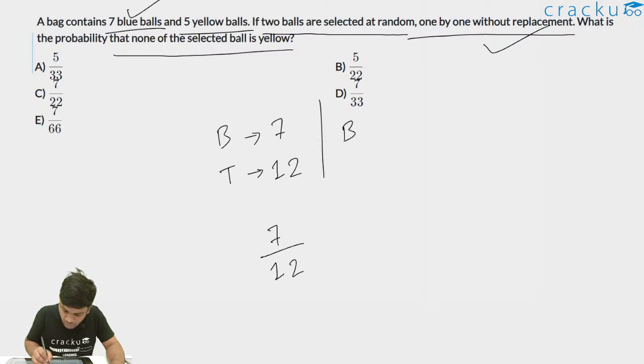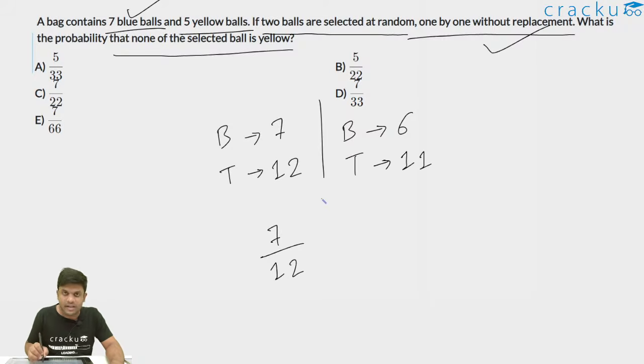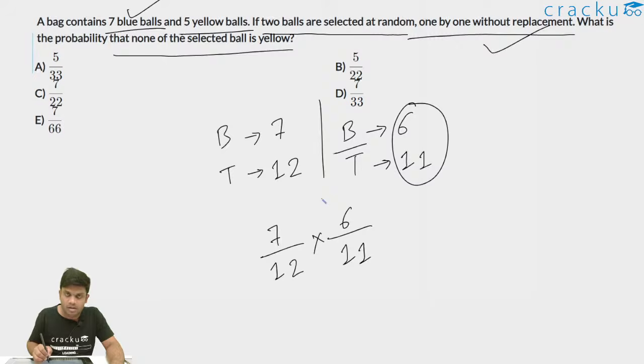So the number of blue balls before the second ball is removed is reduced to 6, and the number of total balls is also reduced to 11, because one ball is taken out, so both will be reduced by 1. And now the probability that we are taking a blue ball out is 6 by 11. When you calculate it, you will get 7 by 22.